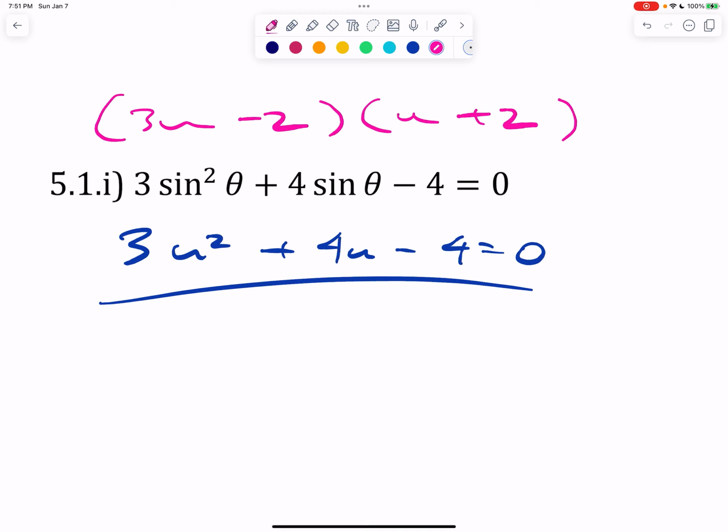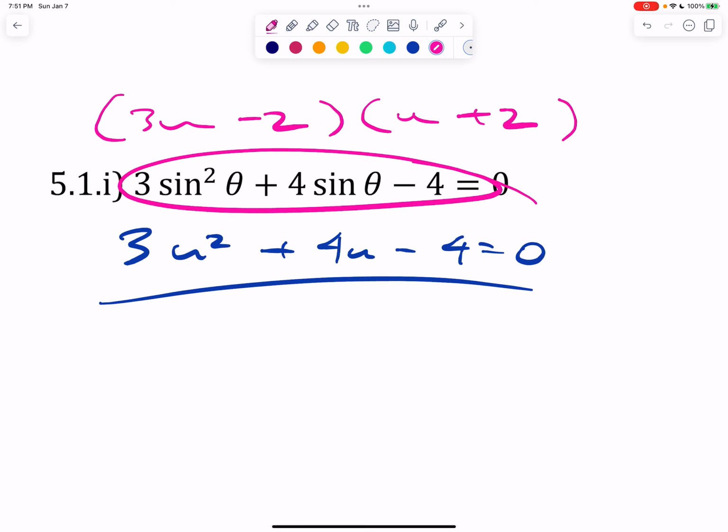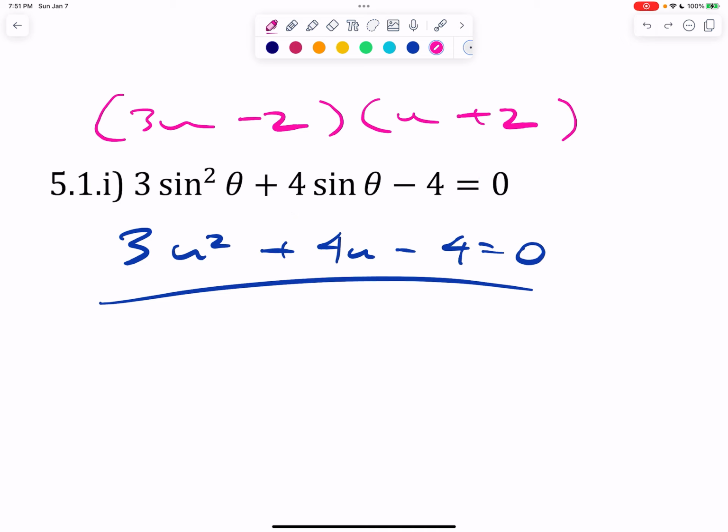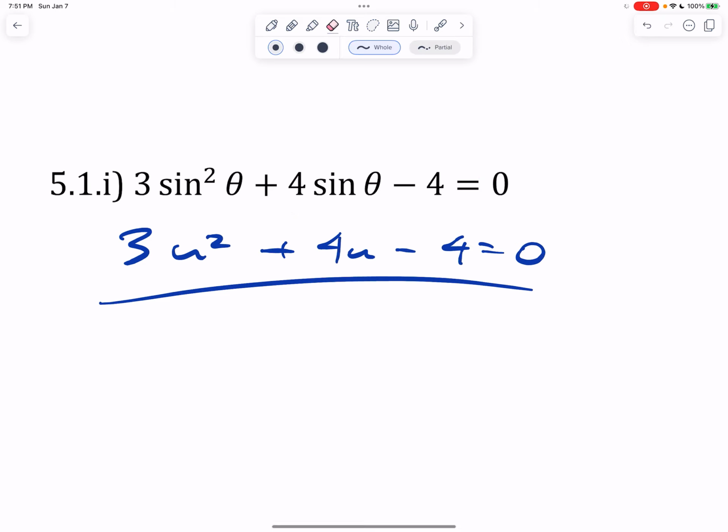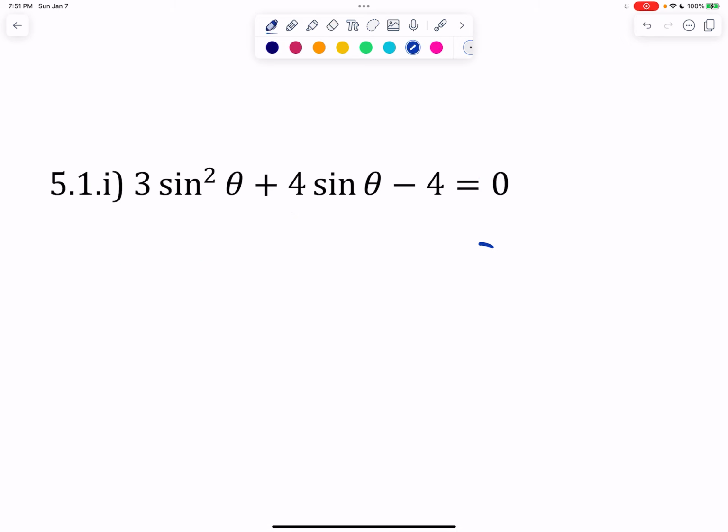So that's what I'm going to do over here. I guess I technically did just parameterize, but I would have done that on scrap paper. So in my actual work, we put what that would be, but replace the u's with sine thetas.